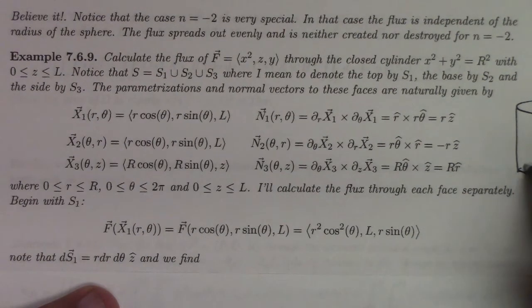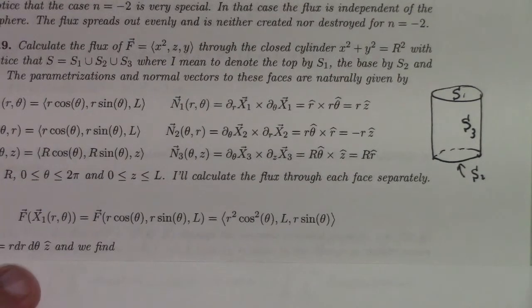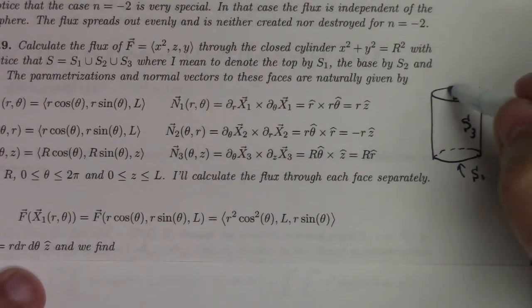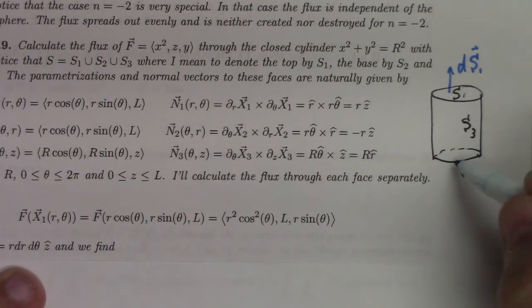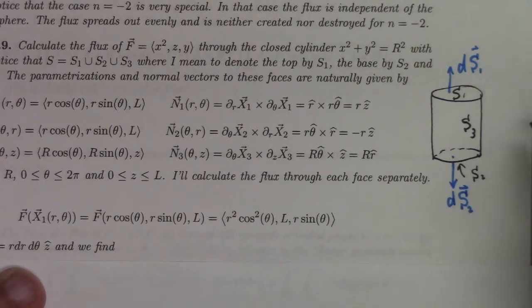The base down here is S2, and the side is S3. When you have a surface like that, you need to notice that the dS is different for here versus down here. We usually orient surfaces so they're outward pointing.